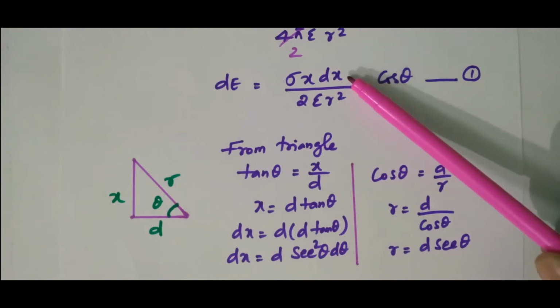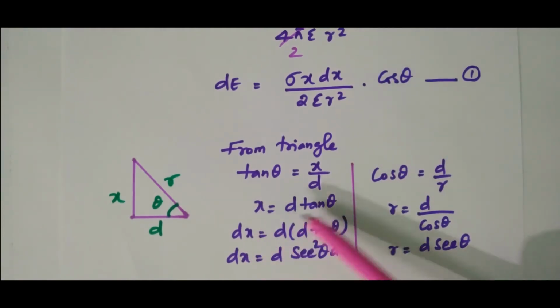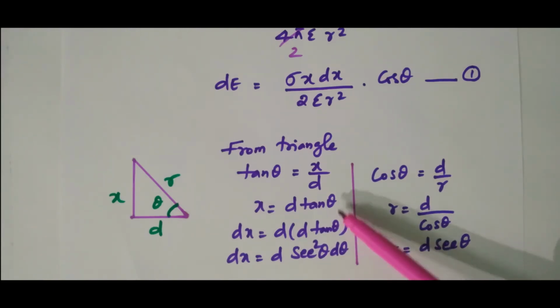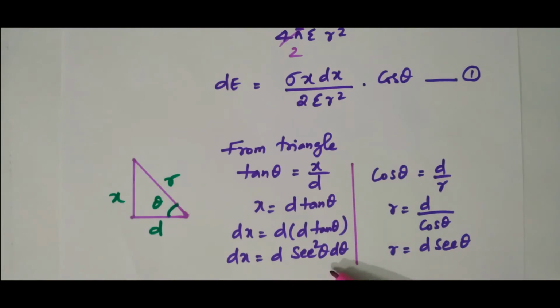We need dx also, so differentiate on both sides. So dx equal to differentiation of d tan theta. So dx equal to d, the differentiation of tan theta is nothing but secant square theta into d theta. So dx will be d secant square theta d theta. Right. So we got the expression for x as well as dx.